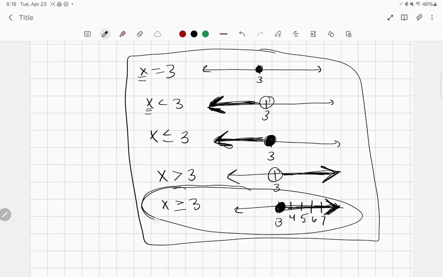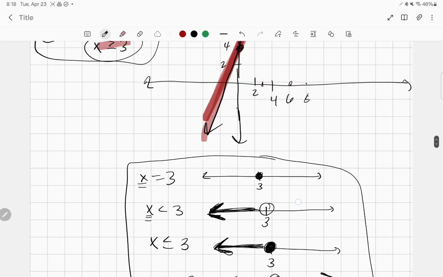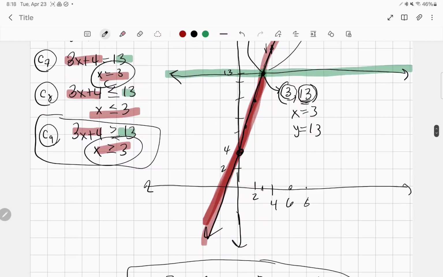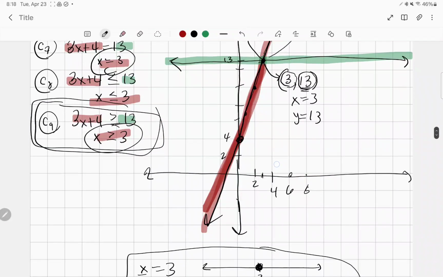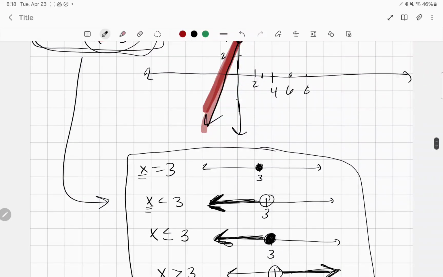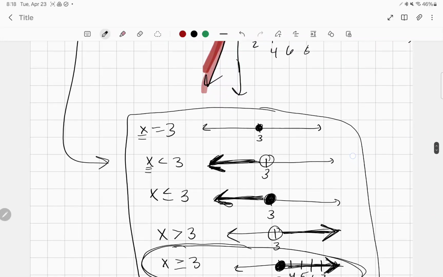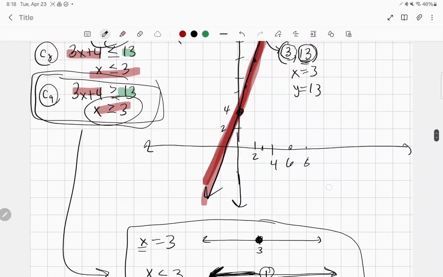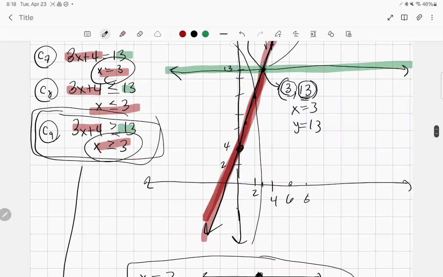On that last one, any value greater than or equal to 3 is going to work because all of those values of x are above that green line. So that's the relationship between these inequalities and graphing all of the possible solutions using inequalities. Whenever there's one variable, you only use one axis, and here we're using the x-axis, as opposed to when we have two variables, we throw in that y-axis right here.